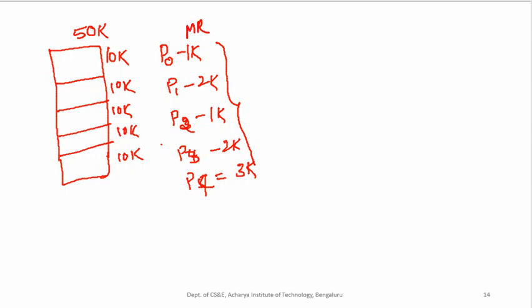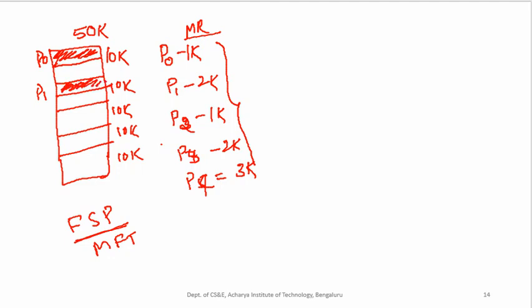Now, according to our fixed size partitioning or MFT, what will happen? Every process gets a partition. For example, P0 gets this partition, okay, and P1 gets this partition, 2K, and so on, P2, P3 and P4.